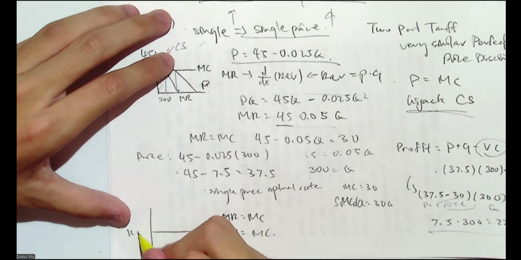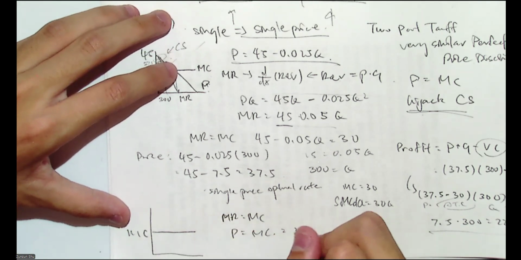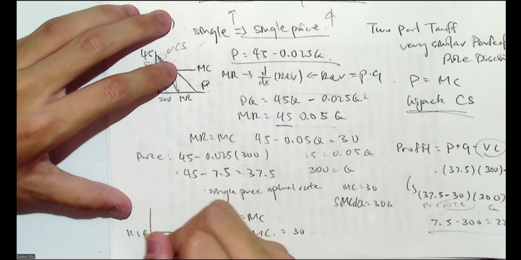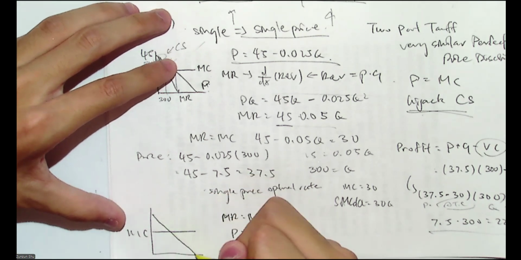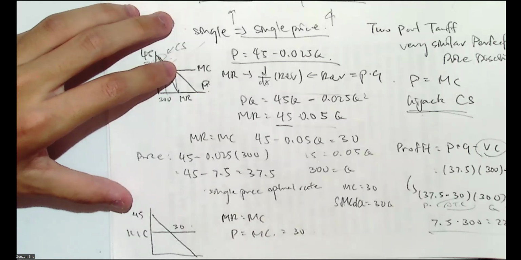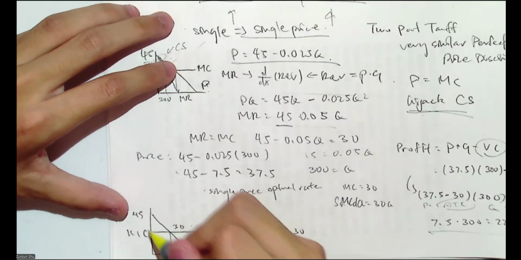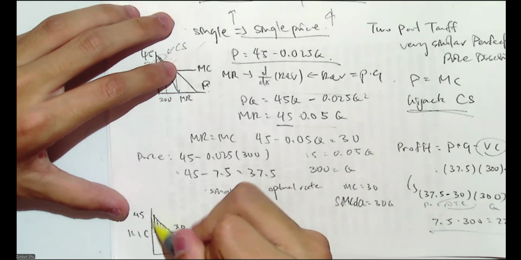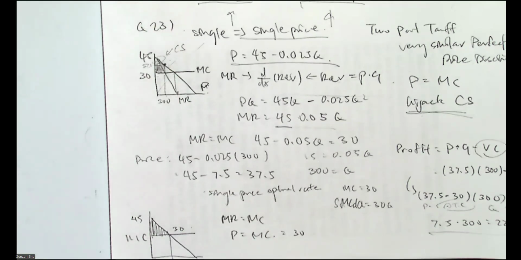We already know that MC is equal to 30, so P is also equal to 30. Yeah, 45, 30. And the profit in the case of the implemented is going to be this entire thing.